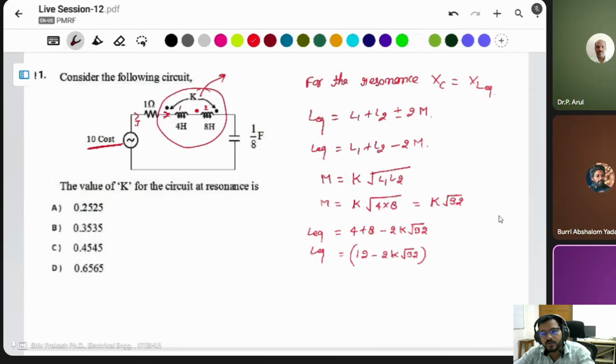That means the flux will be reduced, which reduces the total inductance. That means minus 2M.